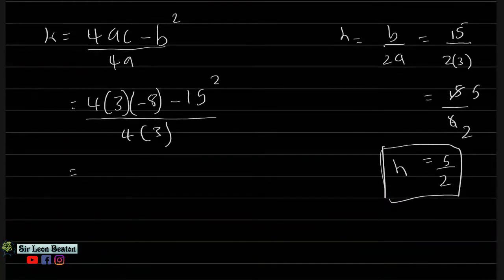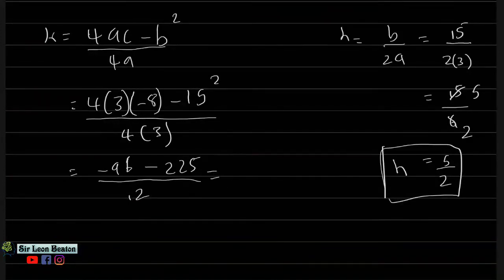So when we work out what we have at the top here, we have 4 times 3 is 12. 12 times negative 8 will give you negative 96, minus 15 squared will give you 225. And all of this will be divided by 4 times 3 is 12.